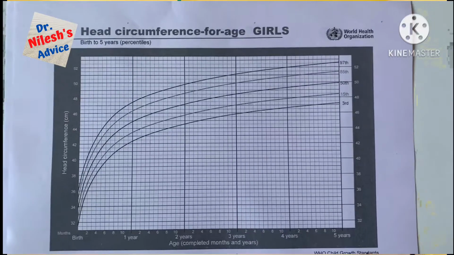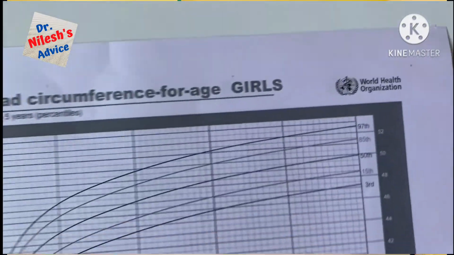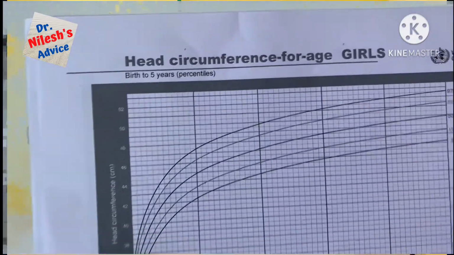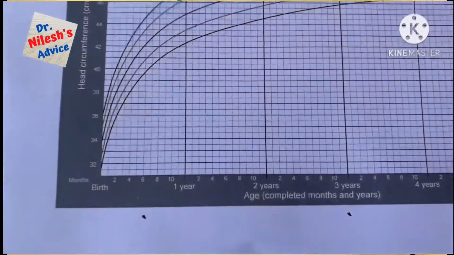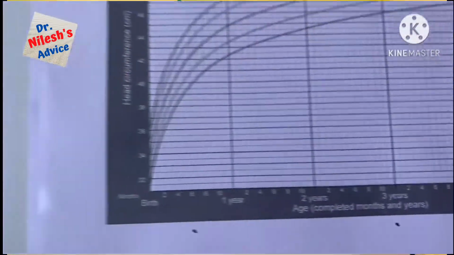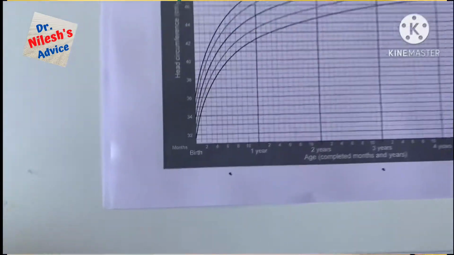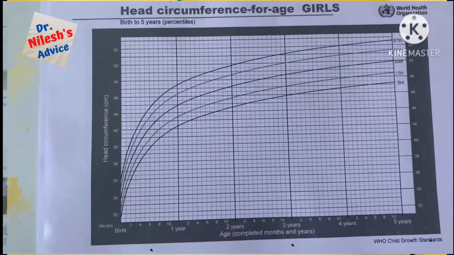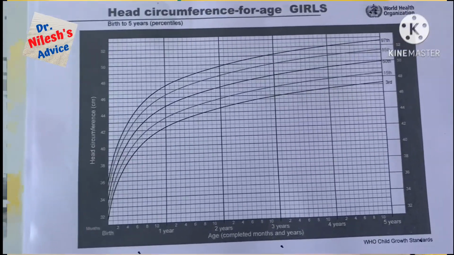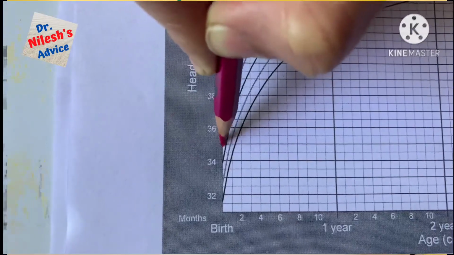This is another chart which is by the World Health Organization. This is the head circumference chart for the girls. On the x-axis there is the age, starting from birth, and on the y-axis there is the head circumference. Now we will take the example of one child whose birth head circumference is 35 centimeters.